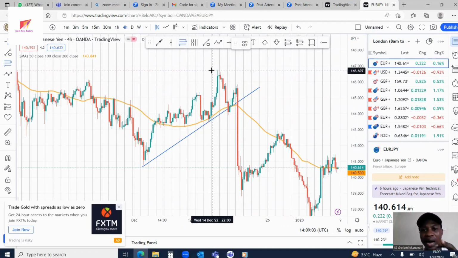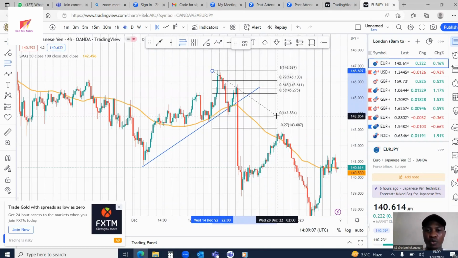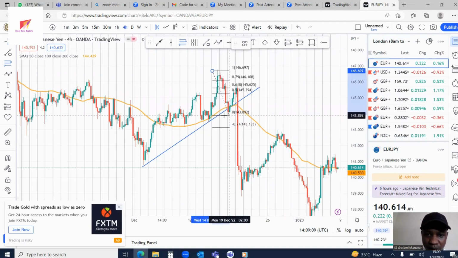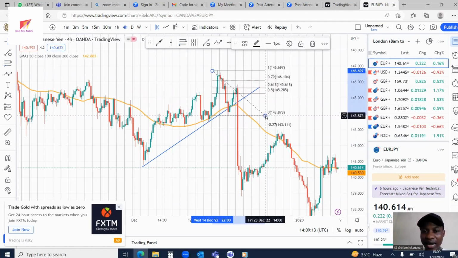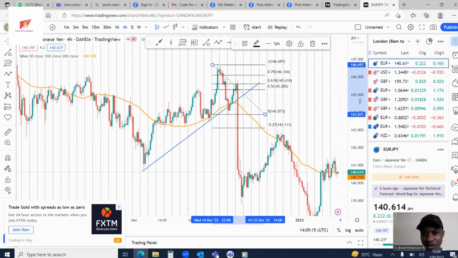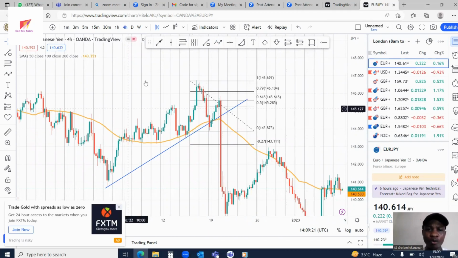Let me close this. I plotted it from the higher high here to the lower low, which is this point. Take note, the recent higher high and the recent lower low, right? So what I was expecting from here was to allow the market to do what? To come to this zone.